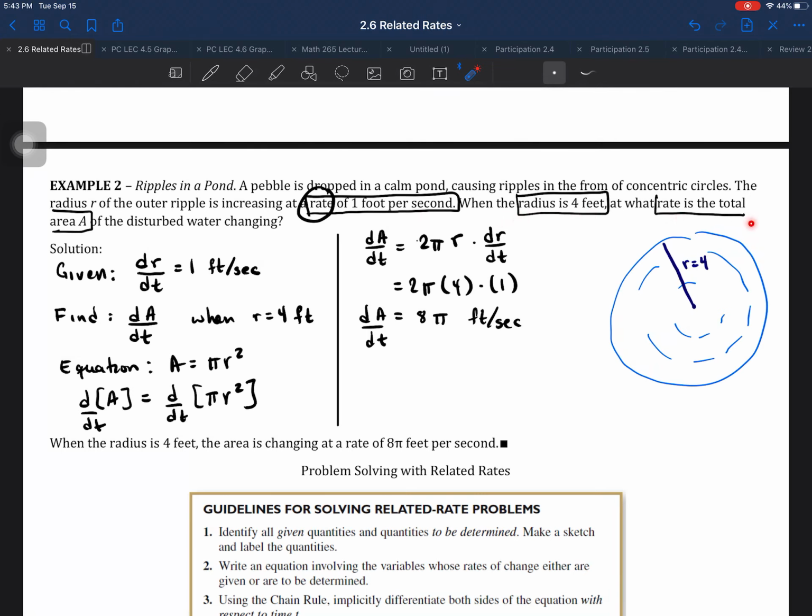At what rate is the total area A of the disturbed water changing? If you notice, a few things are established. The last sentence tells you what you're looking for. The word "what" is asking you a question. What is the rate of change of the total area of disturbed water?